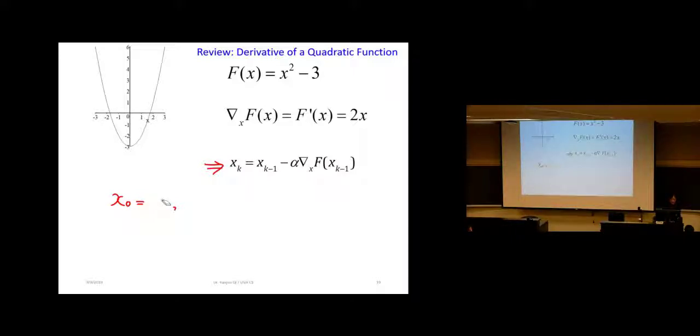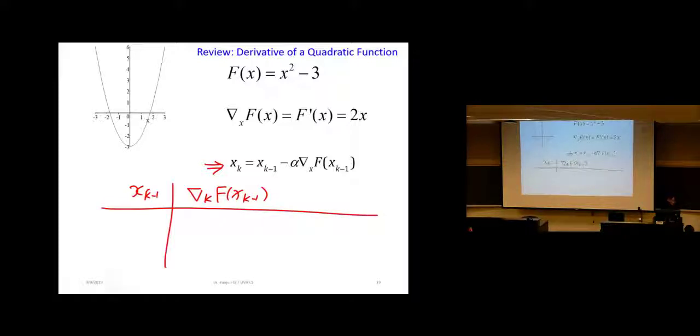So let me maybe make a table just to make it easier. So x_k, and the gradient of that. My starting point is -2, right?